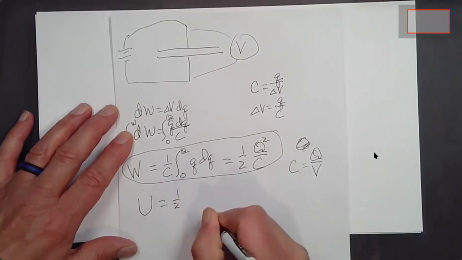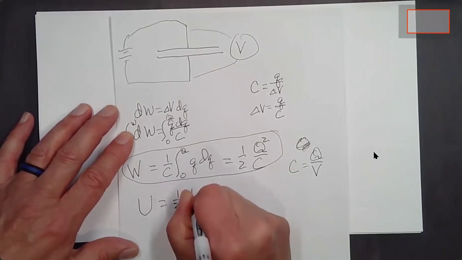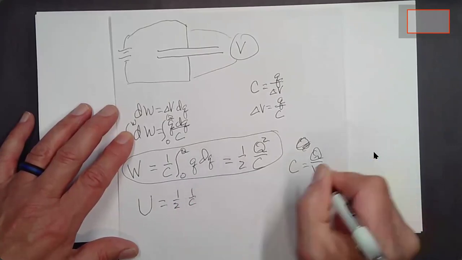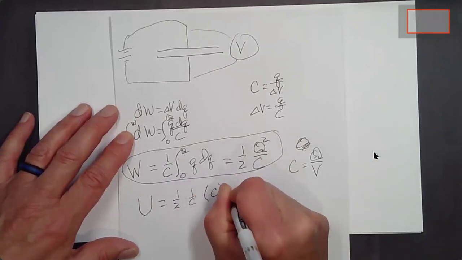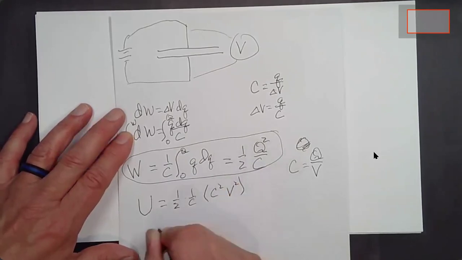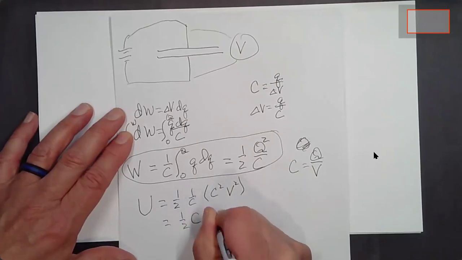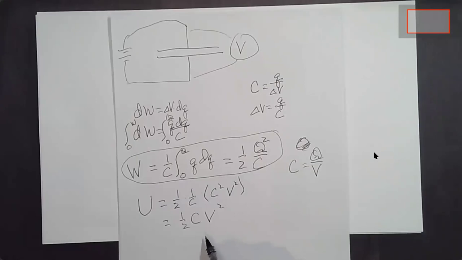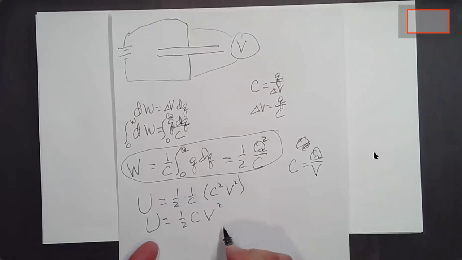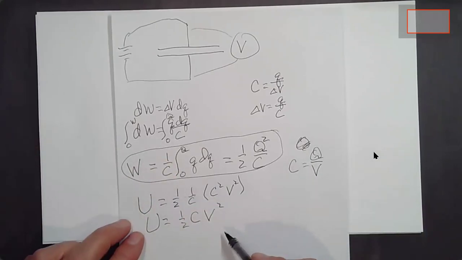I could write it as 1/2 times 1 over C times C squared V squared, which ends up looking kind of like our spring expression. It's 1/2 CV squared. You remember the 1/2 kx squared for the energy stored in a spring? That's another way that we can write this. You can also write it as 1/2 QV if you want to. Bunch of different combinations on there, but that would be the energy stored in the capacitor.